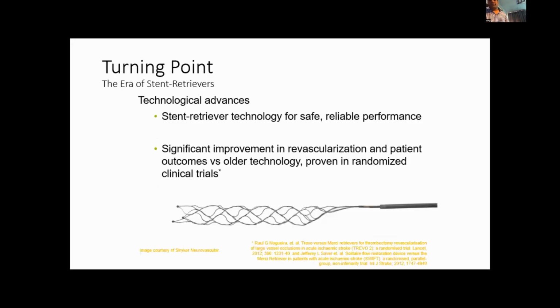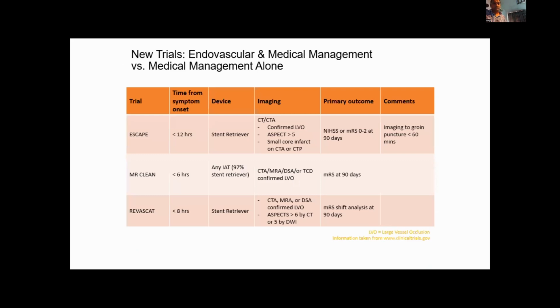And so what changed things was retrieval devices. So they came up with stents, just like we had in the heart, and the tech companies, who made lots of money out of this, were able to come up with retrieval devices that seemed to make the difference. And then these were the trials, maybe 20 years ago, where they were sort of okay.